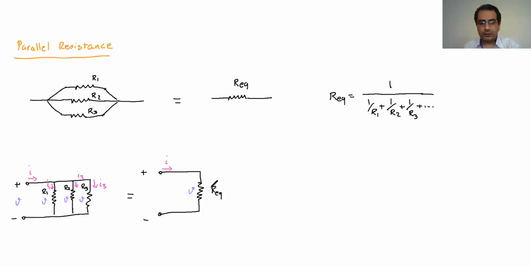The I that goes to the Req is not the same as the I going to any of R1, R2, or R3. But if I find the V here, the V is exactly the same as V in R1, R2, or R3. So if I simplify my circuit and find the V, I can bring that V back to any of R1, R2, or R3 and solve that circuit.